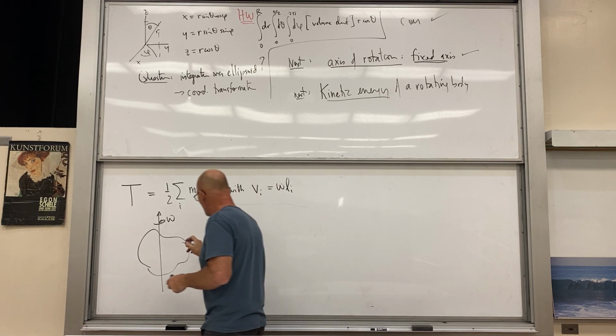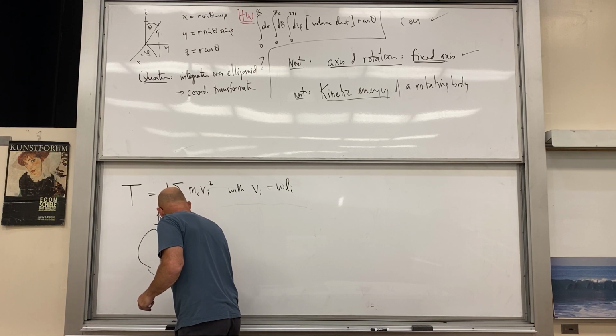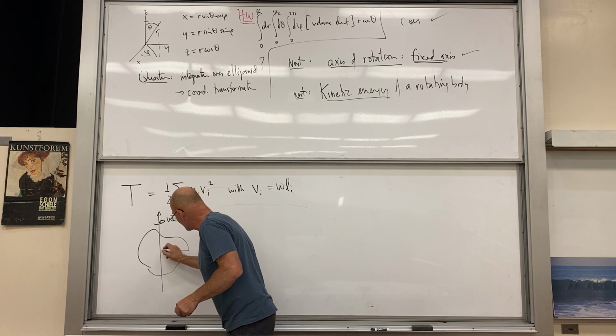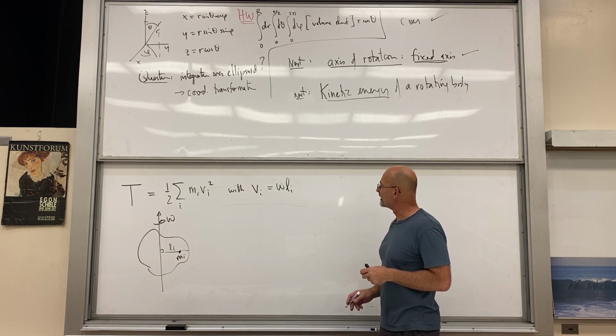And by L sub i I mean the distance from the axis of rotation to the ith particle, when measured perpendicular from the axis of rotation. So there's the L sub i.